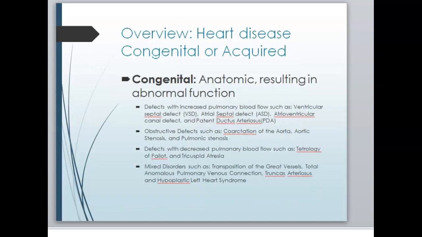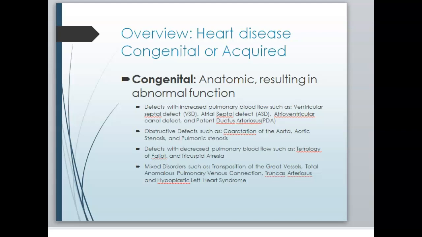Okay, so let's do an overview of heart disease, congenital or acquired. Congenital is an anatomic problem. It results in abnormal functioning. So defects with increased pulmonary blood flow include ventricular septal defect, abbreviated VSD, atrial septal defect, abbreviated ASD, atrioventricular canal defect, and patent ductus arteriosus, also abbreviated PDA.